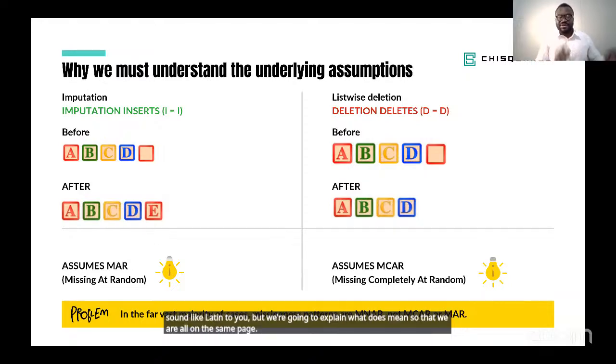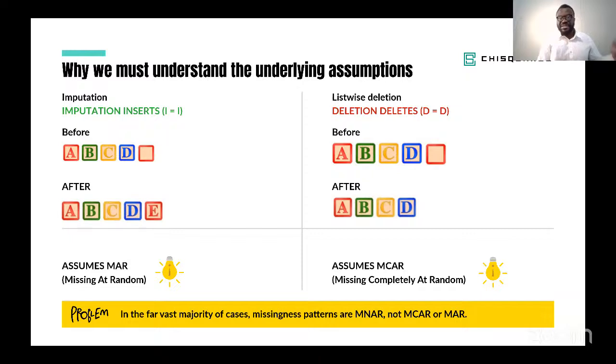So, on one hand, you need an assumption that data are missing at random. The other is that the data are missing completely at random. The problem, however, is that in the vast majority of cases, data are not missing at random or completely at random. Data are missing not at random, right? And again, I'm going to explain what that means. So most patterns of missingness are MNAR, missing not at random, not MCAR or MAR.